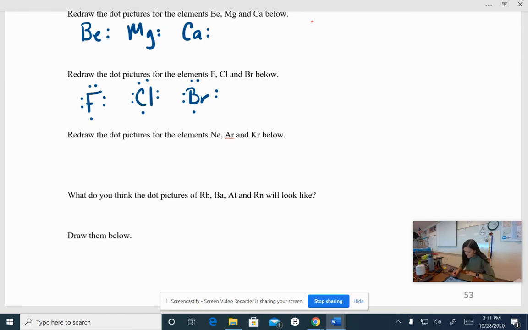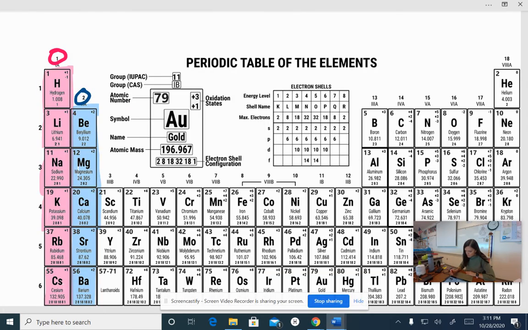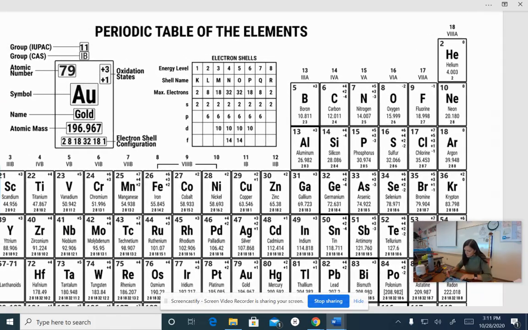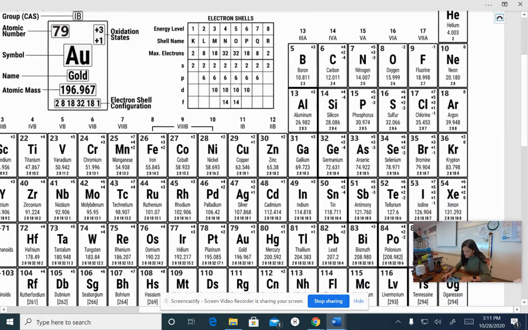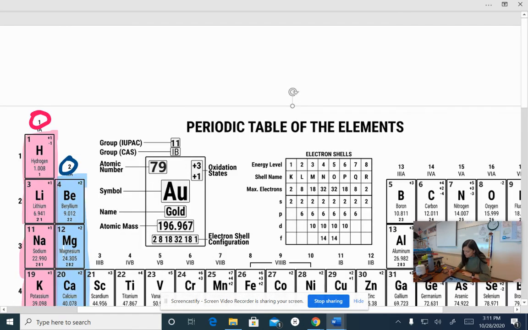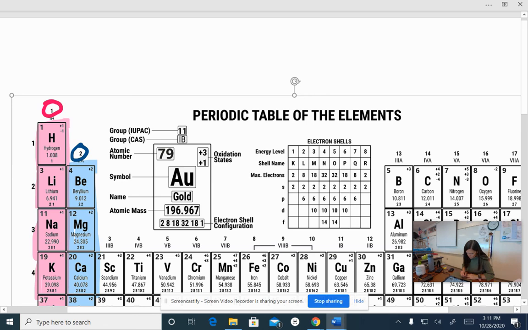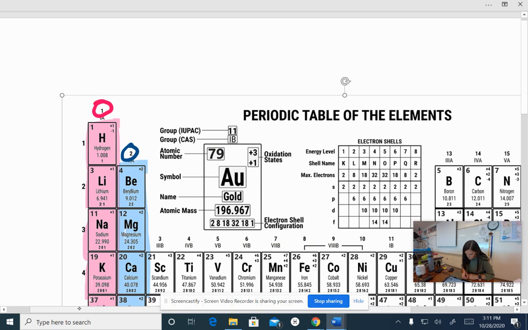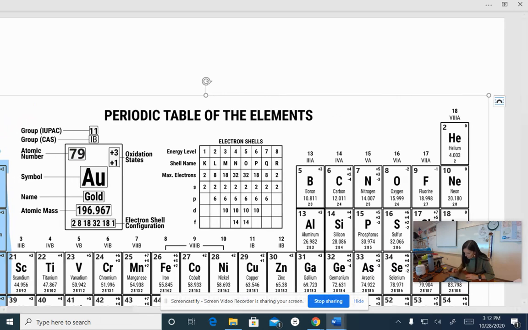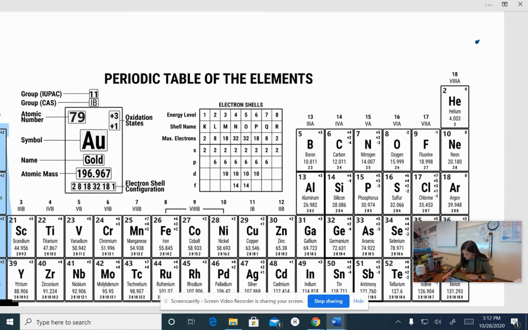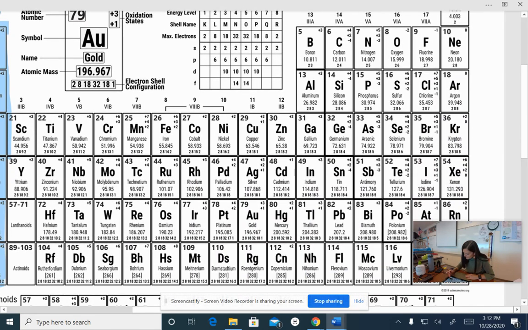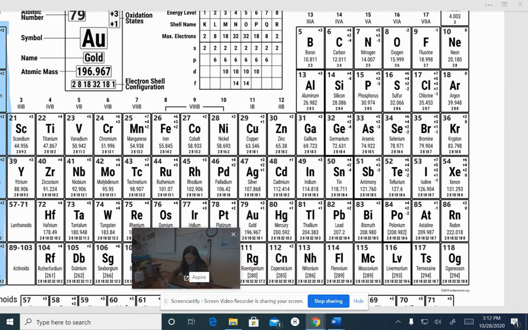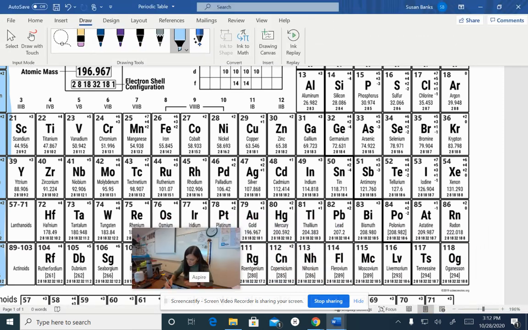So let's look at them on the periodic table. Fluorine, chlorine, and bromine are all over here, and they're all in that same column. So do you think the whole column has the same 7 valence electrons? If you do, you are right. Let's move this out of the way so we can color this. Let's get another color.